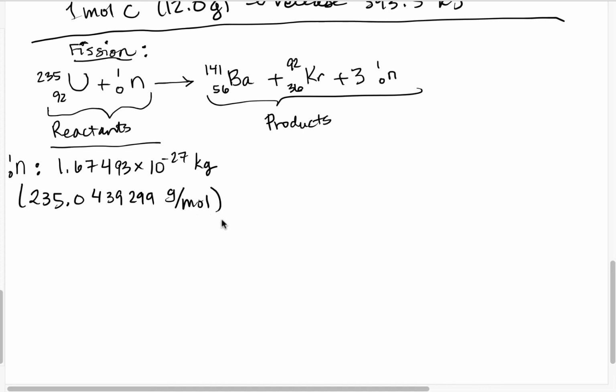What we need to remember is that 1 mole of uranium contains 6.022 times 10 to the 23rd atoms of uranium, and we want kilograms per single atom.